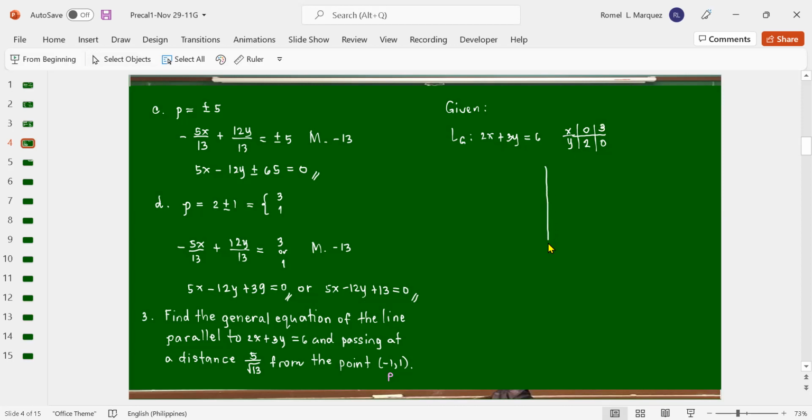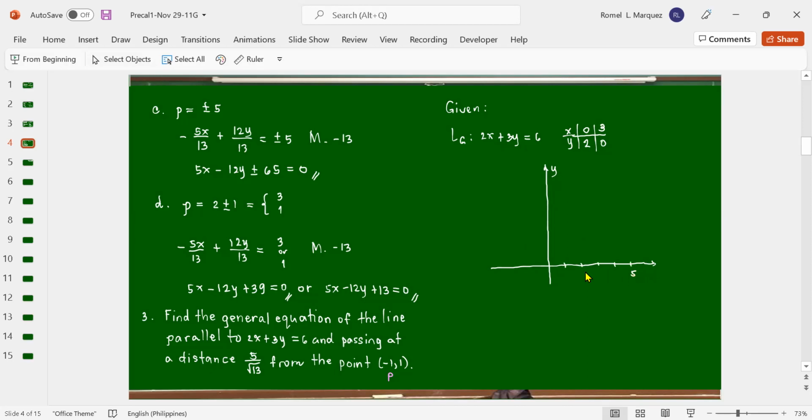Okay? So let's draw the line and also plot the given points. Y-axis, x-axis. One, two, three, 4, 5.